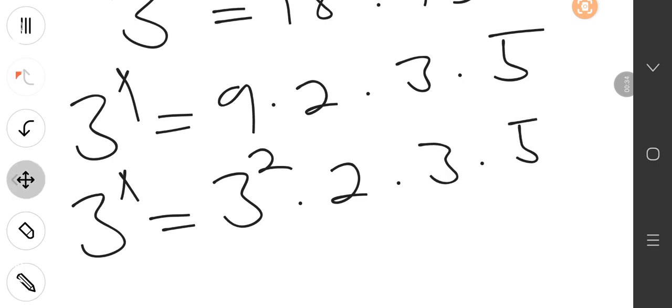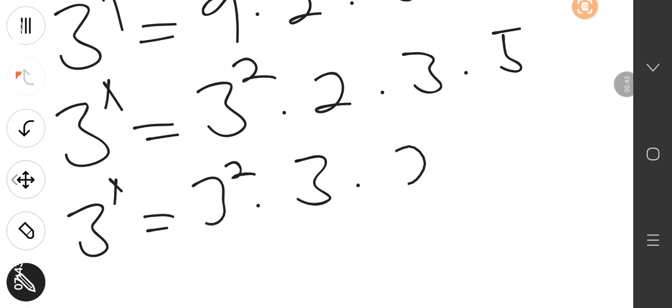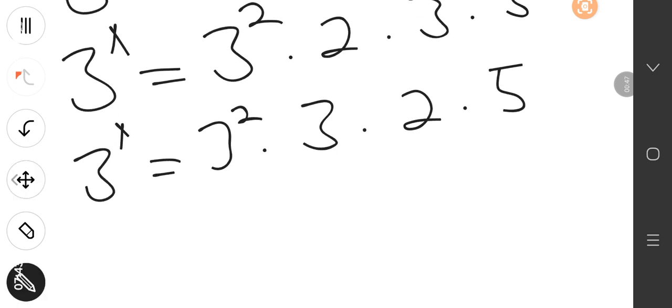Alright, now let's group all the 3's at one side. So we have 3^2 times 3 times 2 times 5. Now 3 is the same as 3^1, okay? So let's apply the first law of indices here.